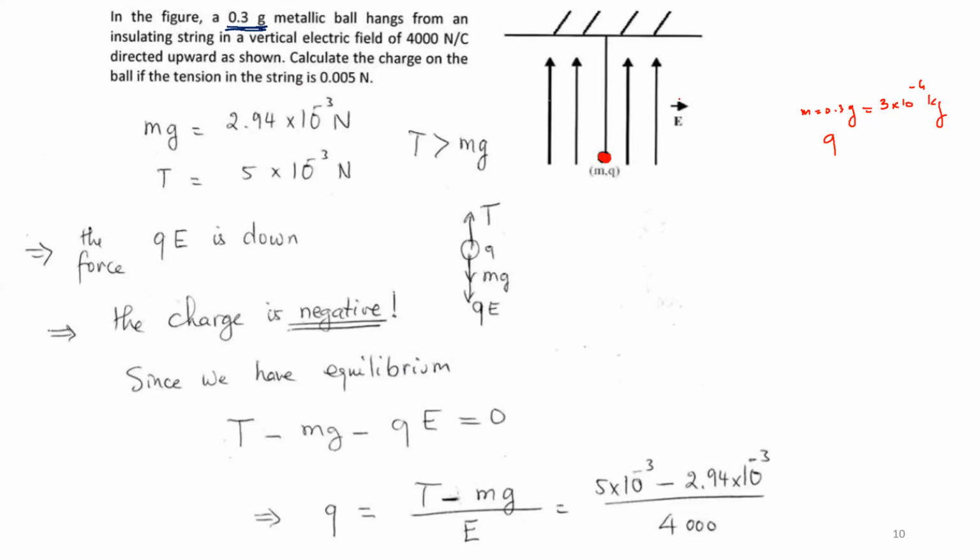Okay, the electric field is given. The magnitude of the electric field is 4,000 Newton per Coulomb and directed upward. So the question is this: calculate the charge Q of the ball if the tension in the string is given and it's equal to 0.005 Newton.